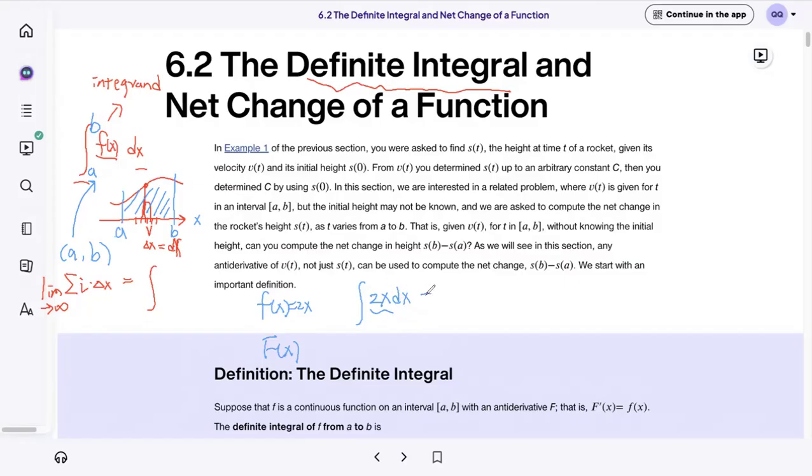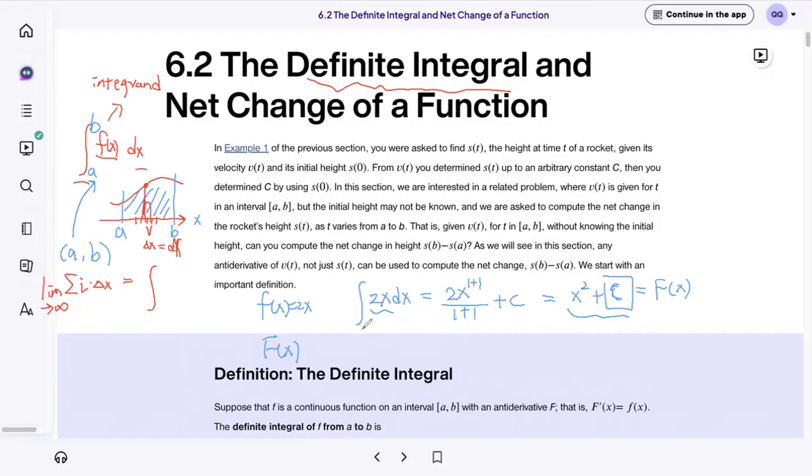Remember we add 1 to the exponent, divide by the new exponent, then add c to it. So this simplifies, and we just get x squared plus c. We call this some capital F of x. It's not one function, but a family of functions, because it depends on the initial value, so we have different c's.